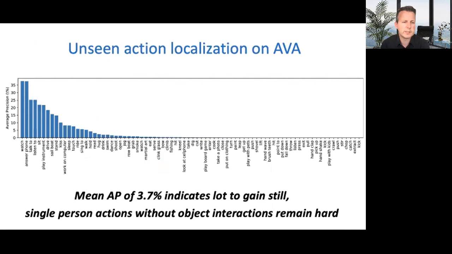Although we see some results for person and object interactions like answer phone or playing a musical instrument, here again the single-person actions without any object interactions remain very hard. For example, results over here like crawl and falling down are really poor. And having this vocabulary of objects does not really help. So there is an opportunity for more research, I would say.